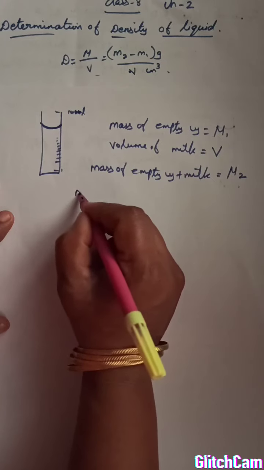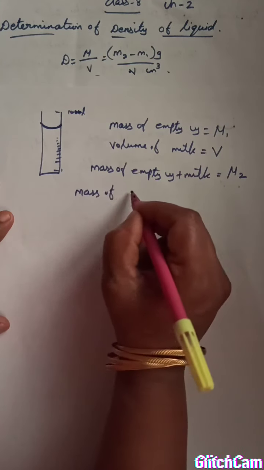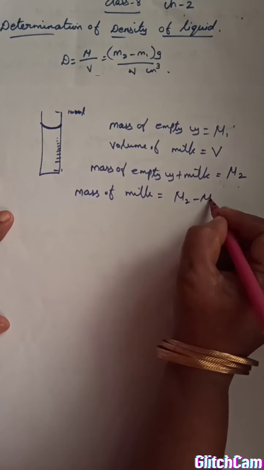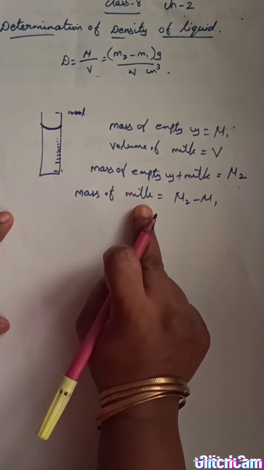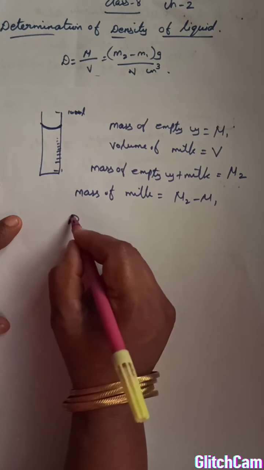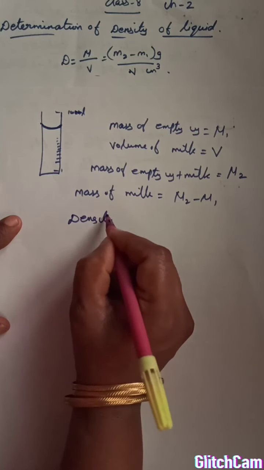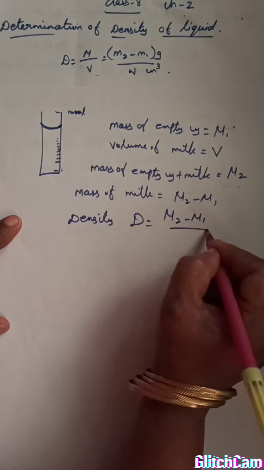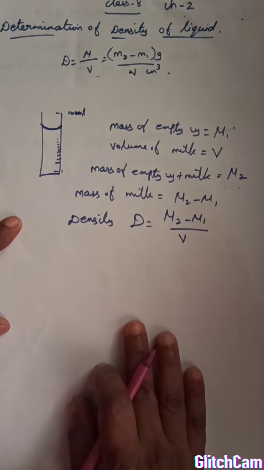From this we know the mass of milk. Mass of milk is equal to M2 minus M1. So we know the mass of milk and the volume of milk. Then the density of milk D is equal to (M2 minus M1) upon V.